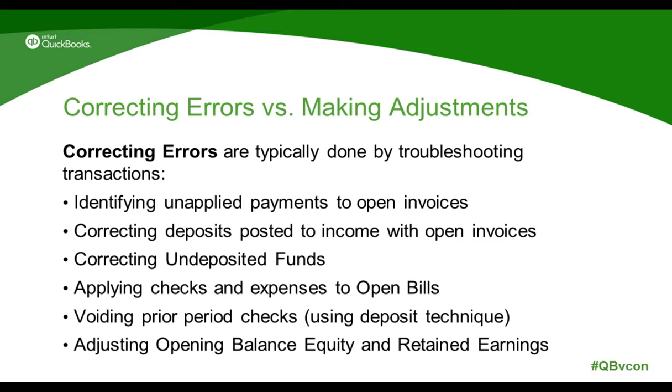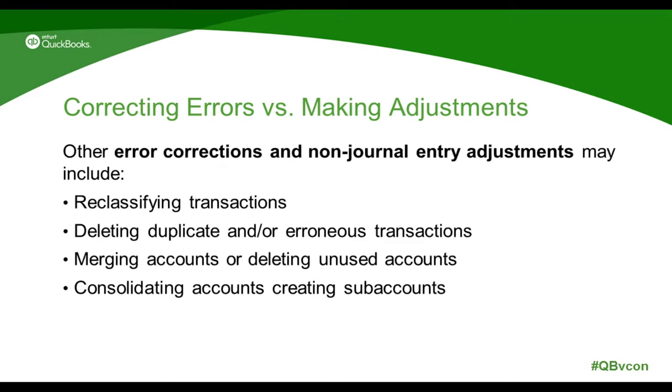Applying checks or expenses to open bills to make sure that accounts payable is not overstated. Avoiding prior period checks. And again, on the QBO Part 5 Cert Prep exam, all these things are being explained. And then obviously getting rid of all these opening balance equity adjustments and moving them to retained earnings if that's where they belong. So that's the typical client side error correction that we make.